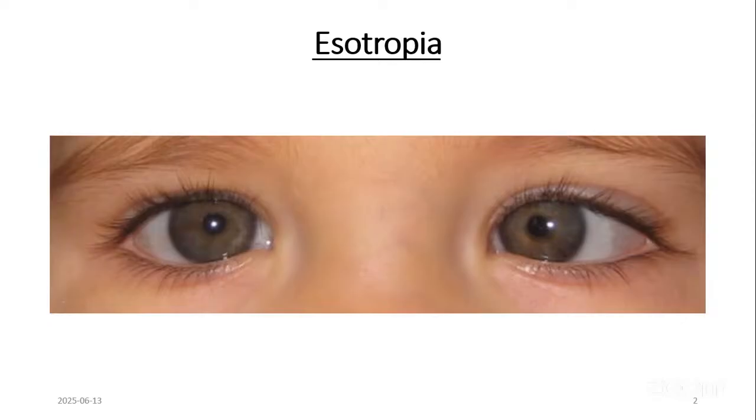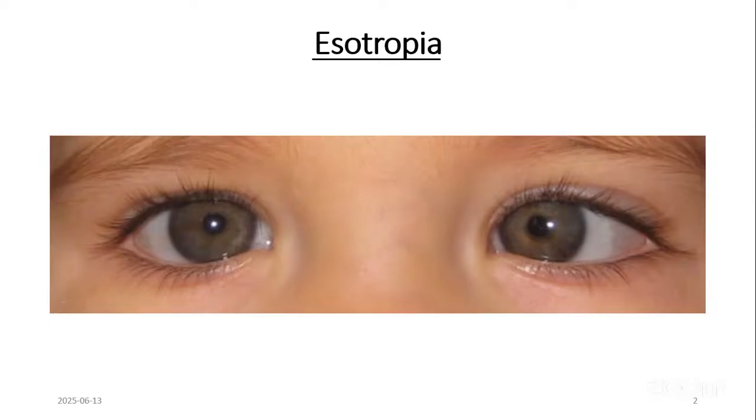Regarding comitant esotropia, we have infantile esotropia, which usually starts since birth or within the first 6 months of life. Then we have other types of comitant esotropia. We have accommodative esotropia: fully refractive accommodative, partially accommodative, and non-refractive accommodative esotropia, which is high AC/A ratio esotropia or convergence excess esotropia.